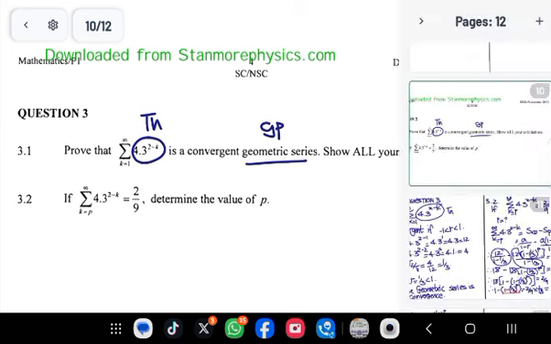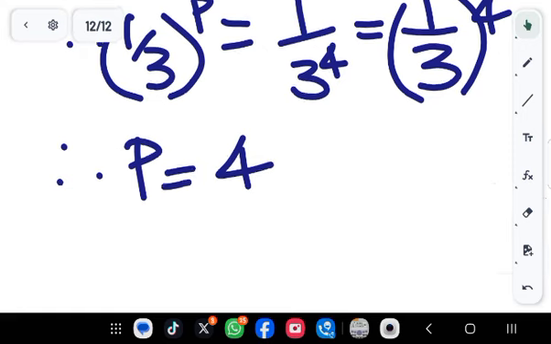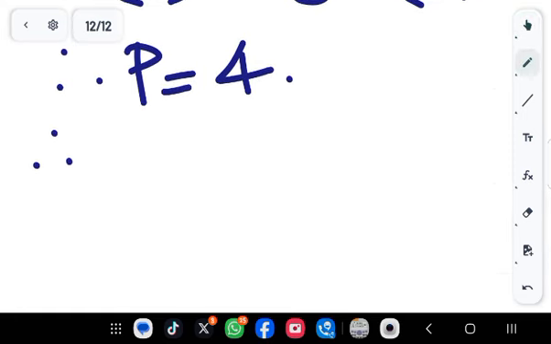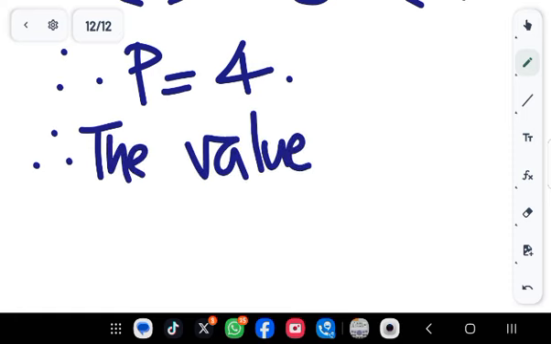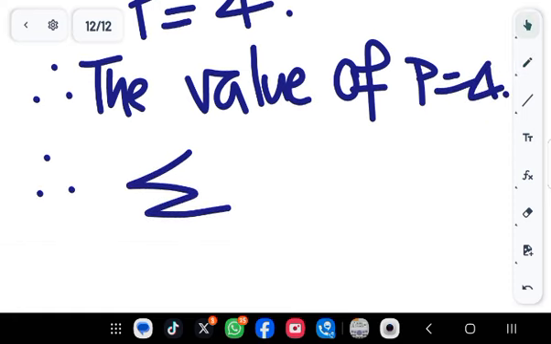Therefore, the value of p is equal to 4, and that's your answer to the question.